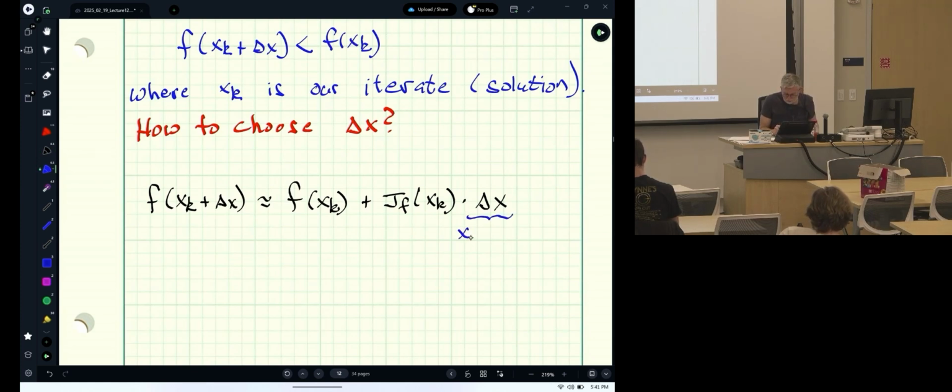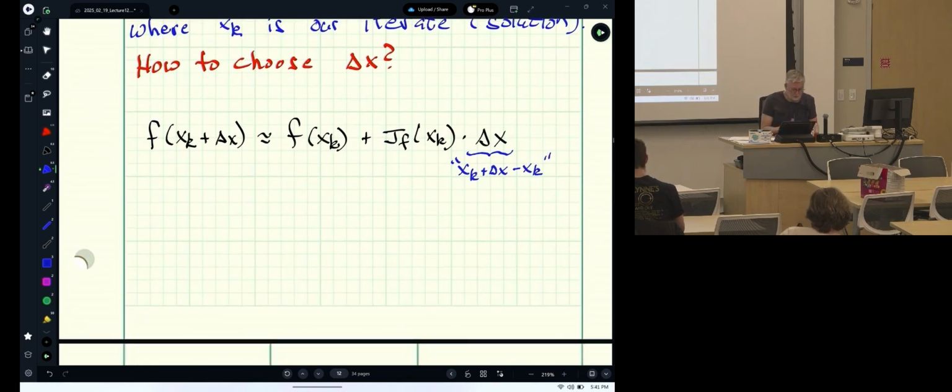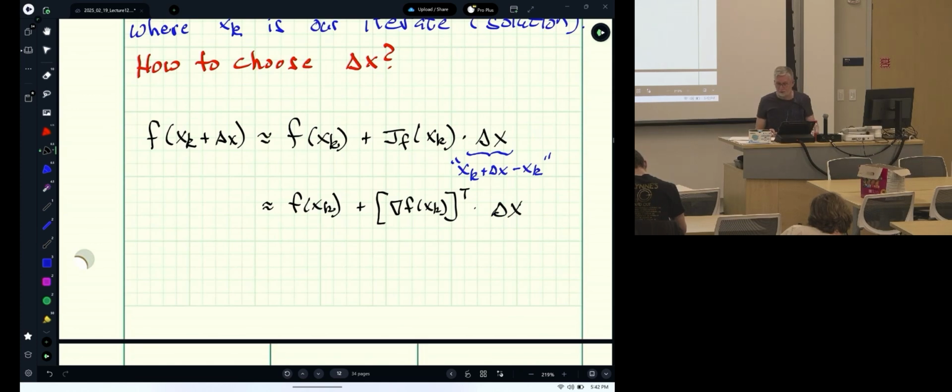This came from xk plus delta x minus xk, just plugging it in to the linearization. Okay, so that's the same thing as f of xk plus, this is going to freak you out, the gradient of f at xk transpose times delta x.